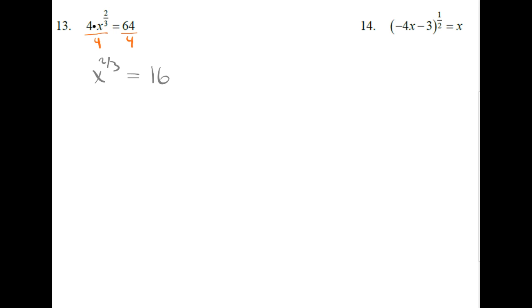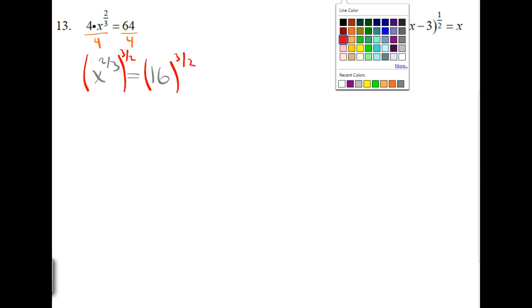Okay, so now how do I get rid of the 2/3 power, or what's the inverse of to the 2/3 power? If I take both sides to the reciprocal of that power, I'm going to essentially make this x to the first power, because a number times its reciprocal is 1.